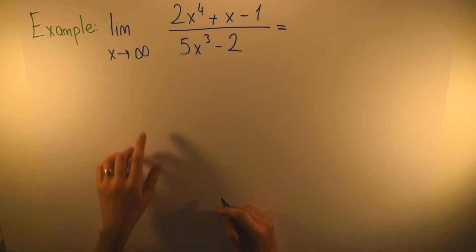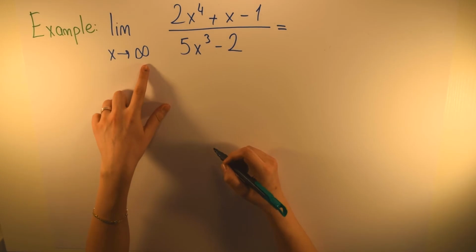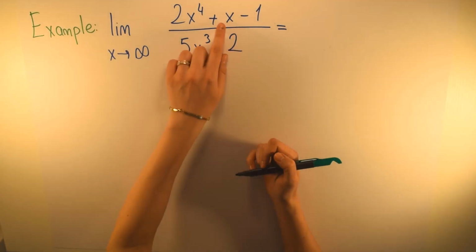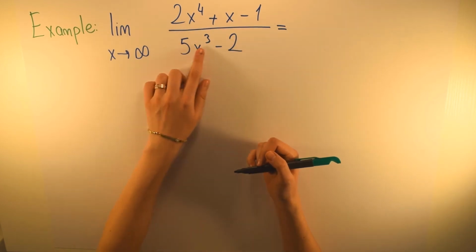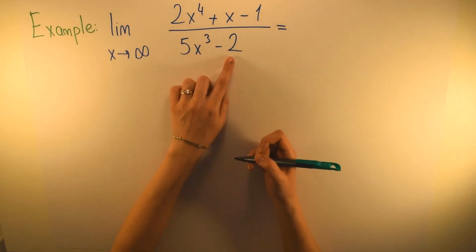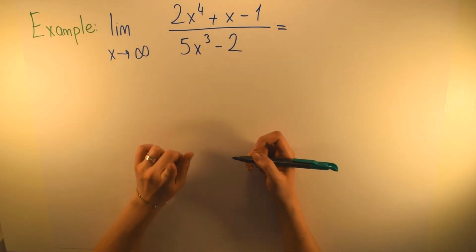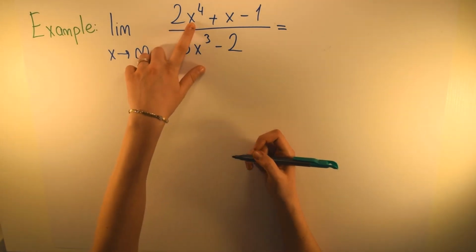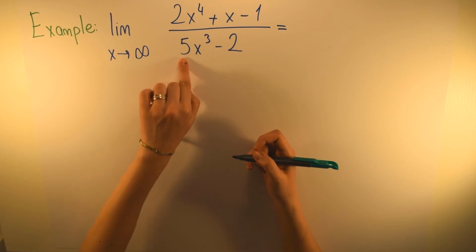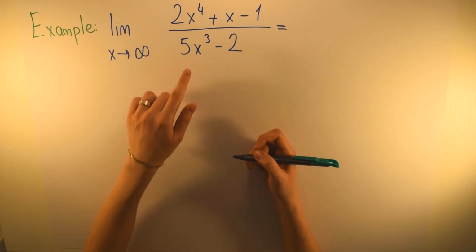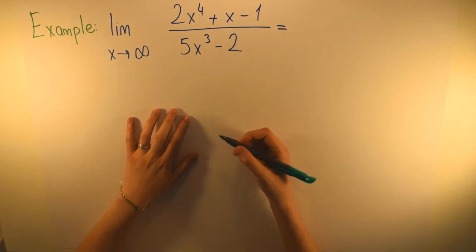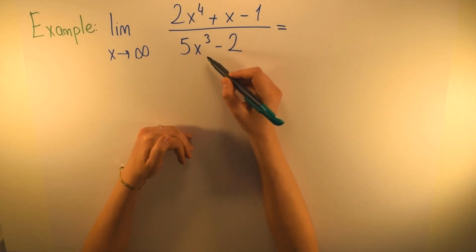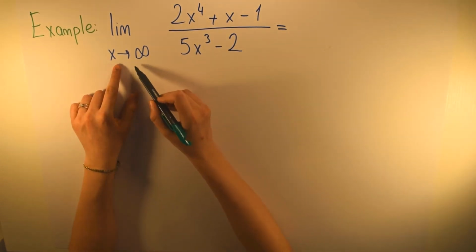In this example, we have the limit as x approaches infinity of (x to the power of 4 plus x minus 1) over (5x cubed minus 2). So there is one trick here. As you can see, the degree of the numerator is greater than the degree of the denominator, right? So it shows us that the numerator is getting bigger faster than the denominator as x goes to infinity.